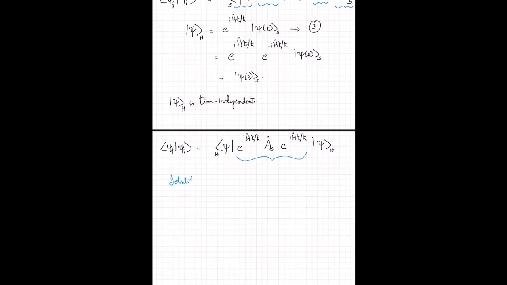So if I identify the operator in the Heisenberg picture to be related to the Schrodinger picture via the relation, and if I relate the ket in the Heisenberg picture to the Schrodinger ket via the relation, if I do this, then notice that my amplitude doesn't change.